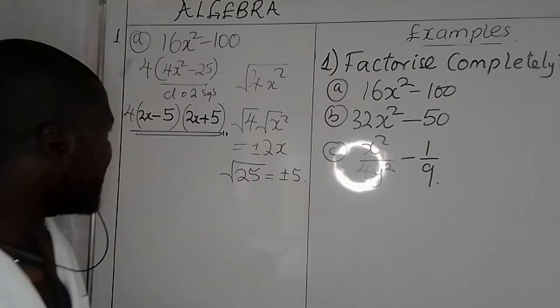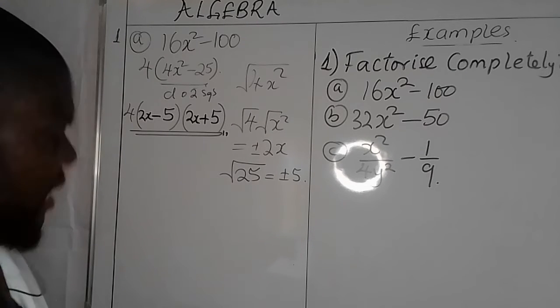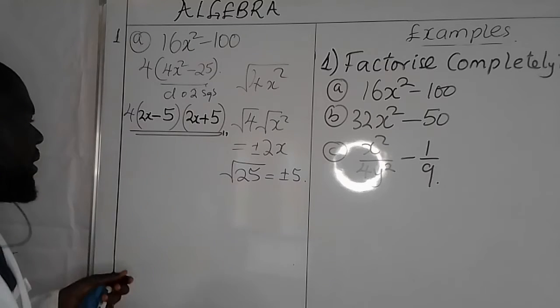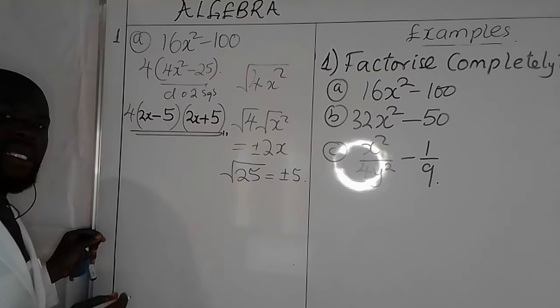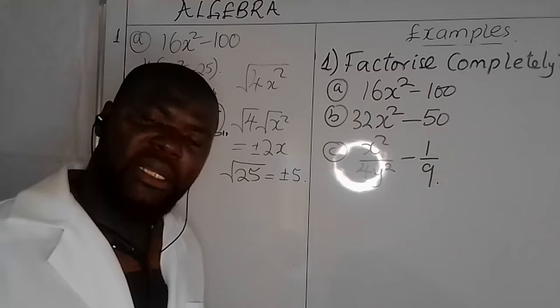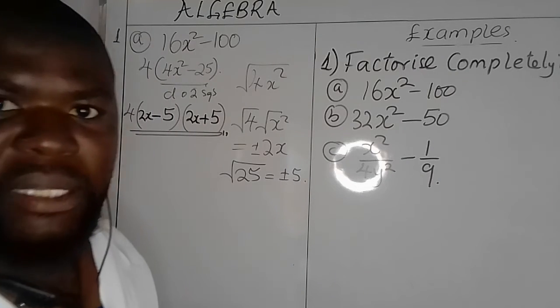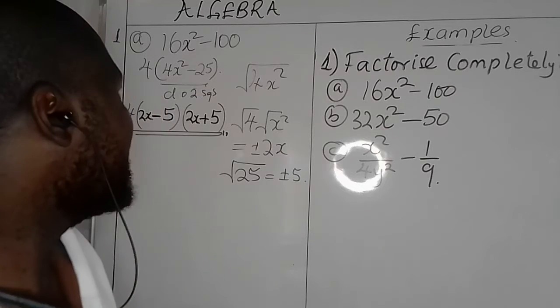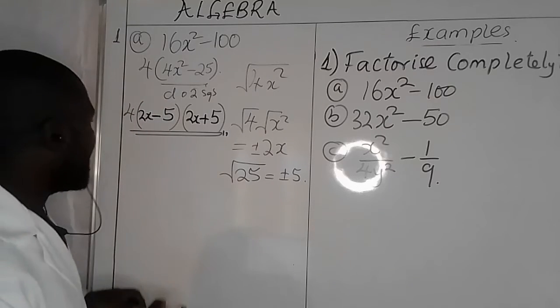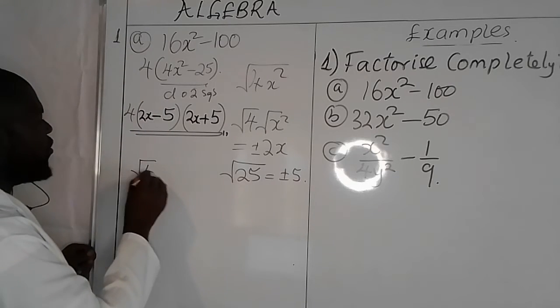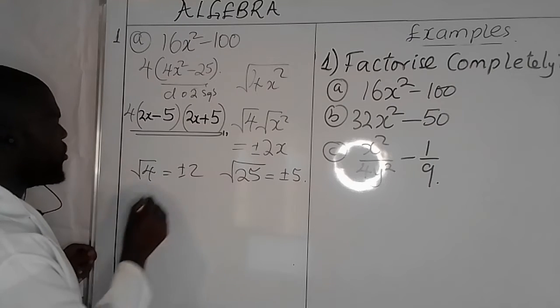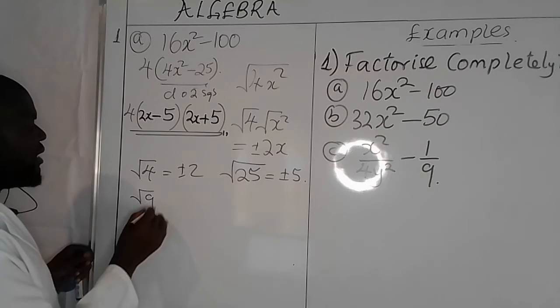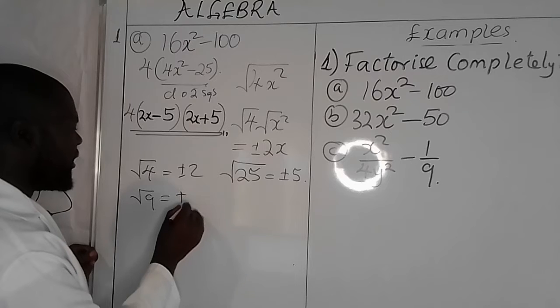Now, the way you identify perfect squares: perfect squares are those numbers whose square roots are whole numbers. For example, the square root of 4 is plus or minus 2. The square root of 9 is plus or minus 3.